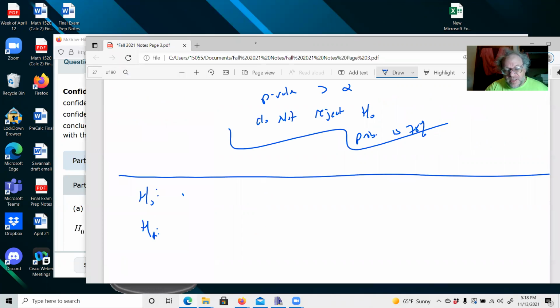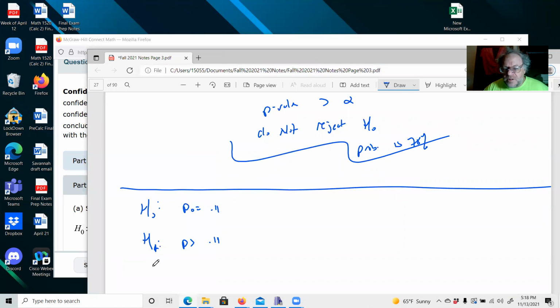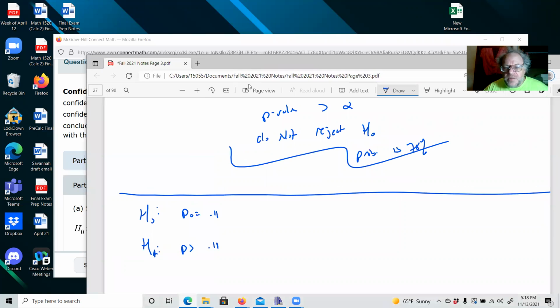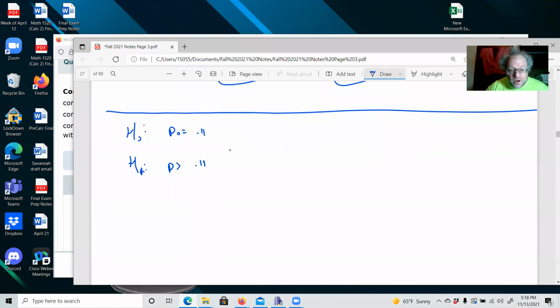So we're going to say that p naught equals 0.11, and this economist claims greater. They want both 0.10 and 0.01. So part A, alpha equals 0.10, part B, alpha equals 0.01.